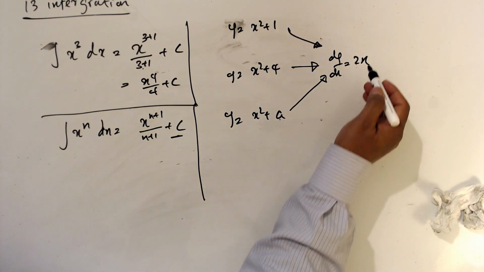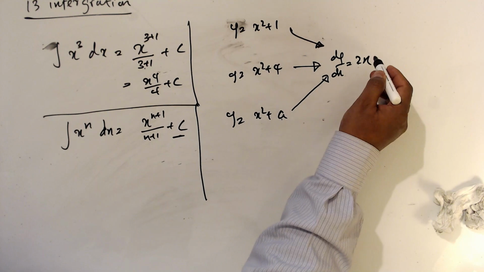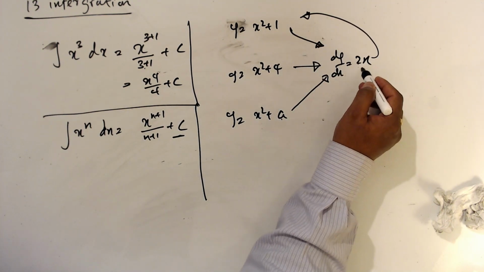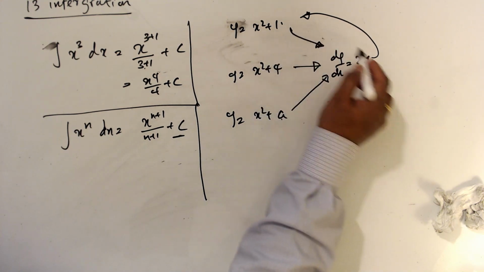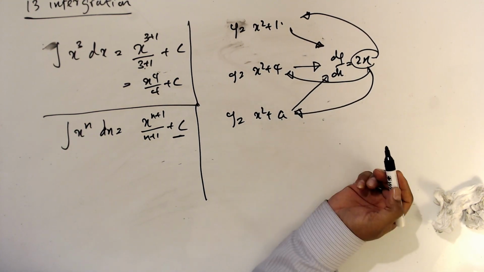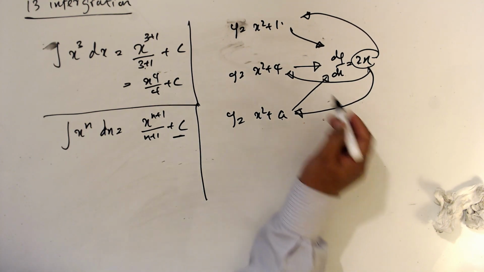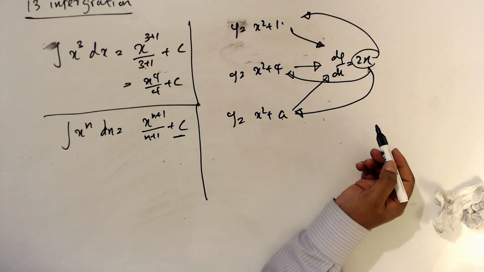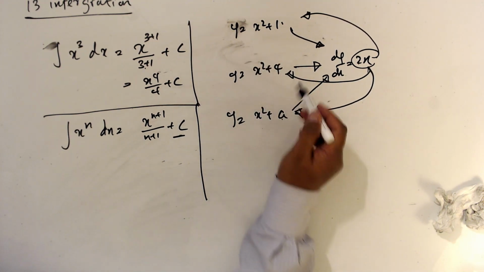Then when we are reversing this process, we don't know whether this 2x comes from this one or this one or this one. Right? In here there are three options. 2x can occur from here, here, here.